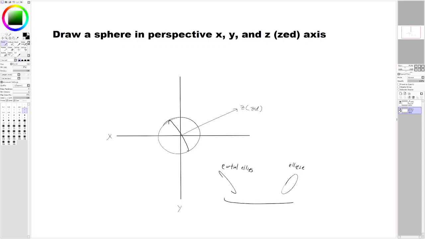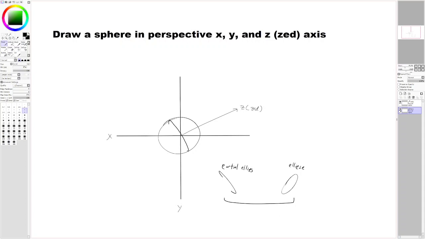So these are the tools at your disposal when you're drawing. You very well could do shading to do that. That's a little bit more advanced, and you probably are going to want to look at some type of reference.